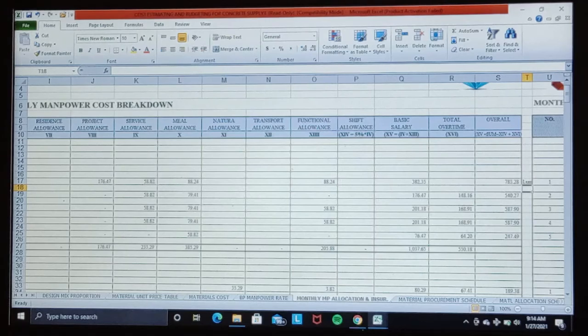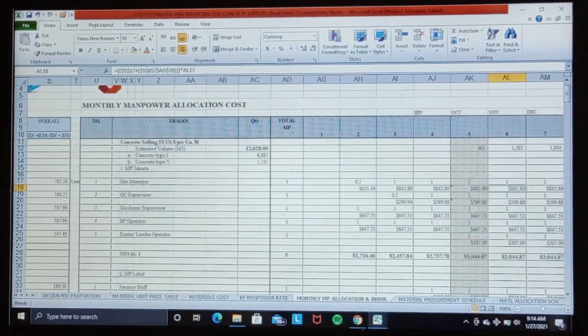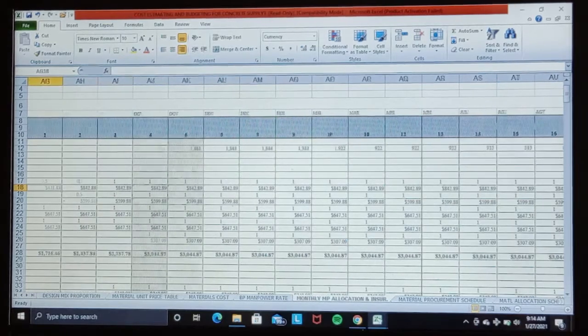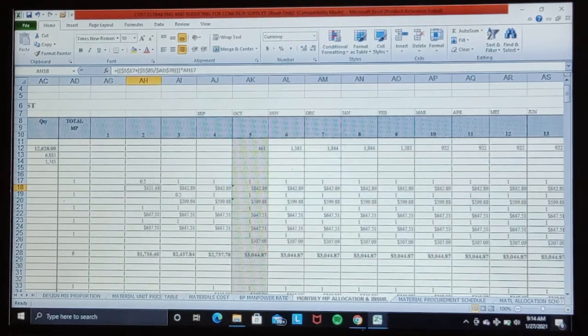Then we make the manpower allocation according to the project schedule and internal requirement, referring to the project schedule. We can see in each cell that contains formulation. You could see here, and here, already contain formulation inside.